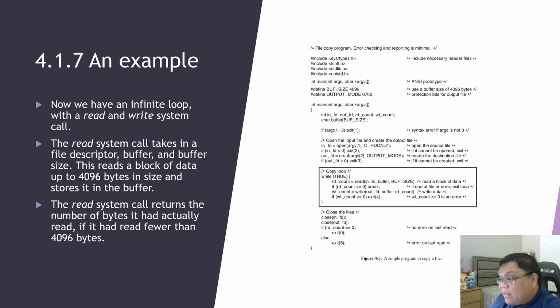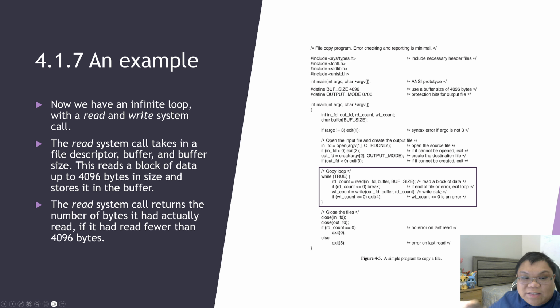If that count is somehow less than 0, that means something went wrong and we had encountered an error. The program closes with an error code. So, this infinite loop will break once the read count is 0 or worse, negative.